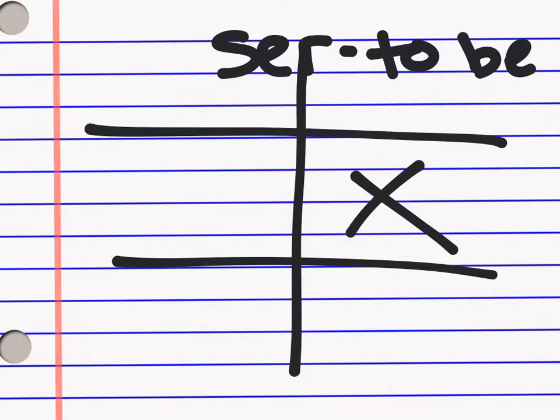I'll go ahead and get you started. For the yo spot, right here, it would be soy. Go ahead and finish out the rest of this conjugation chart. When you are, go ahead and pause it. When you are finished, unpause it so that you can see the answers.